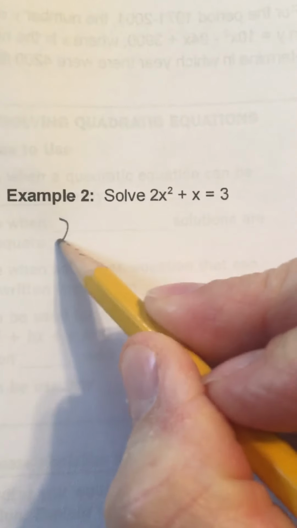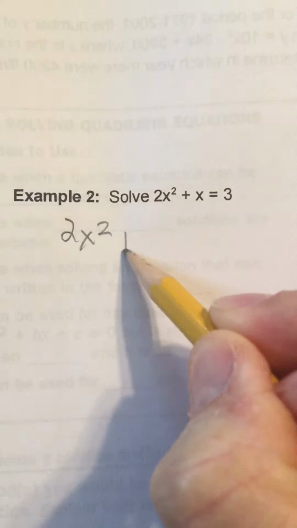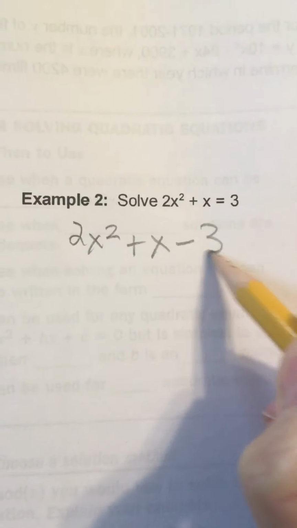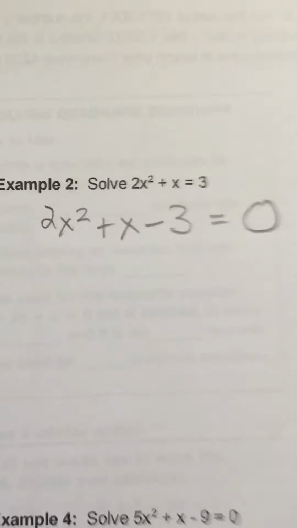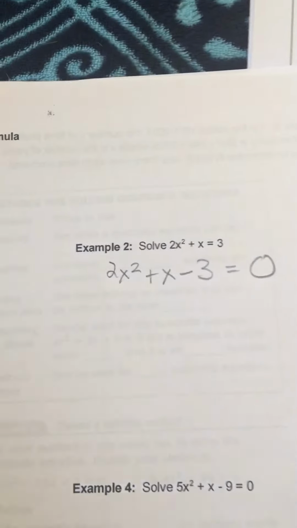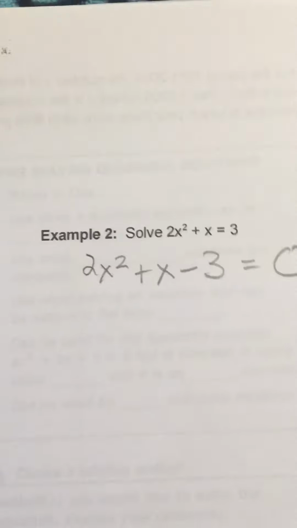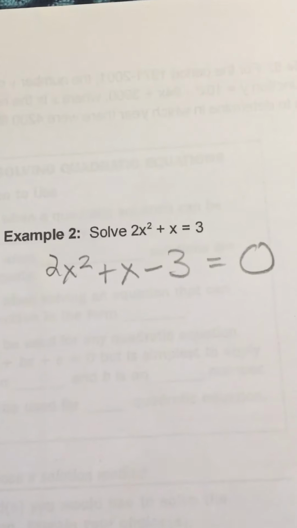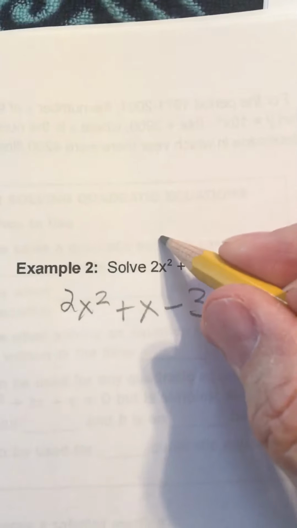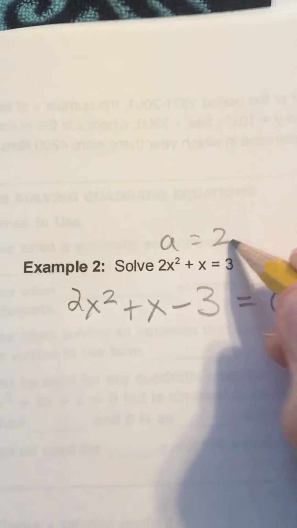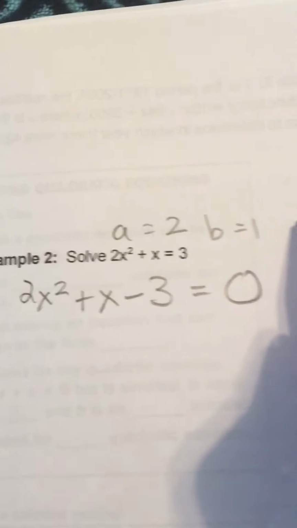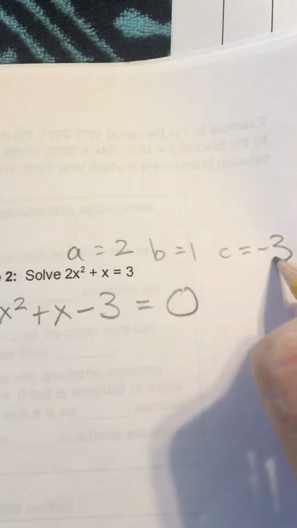So the first thing I'm going to do, 2x squared plus x, I'm going to subtract 3 from both sides, set it equal to 0. Then I'm going to identify a, b, and c. So in this case, a equals 2, b equals 1, c equals negative 3.